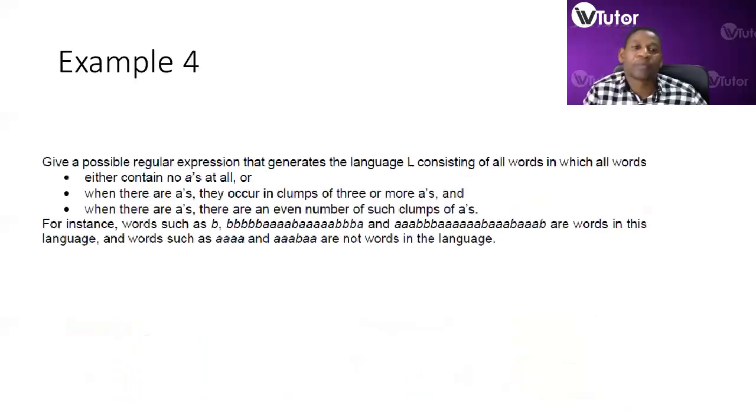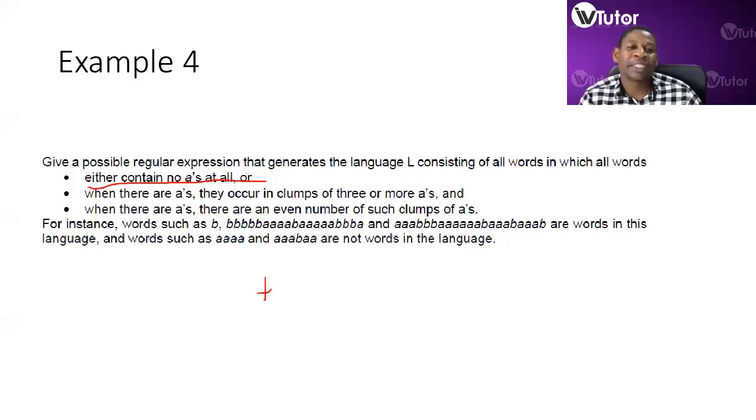Cool. Next. Give a possible regular expression that generates the language L consisting of all words in which all words either contain no A's at all or, when there is an A, where there are A's, they occur in clumps of 3 or more A's, and where there are A's, then an even number of such clumps.